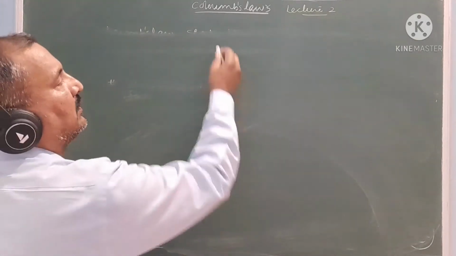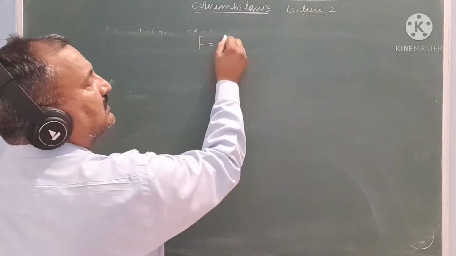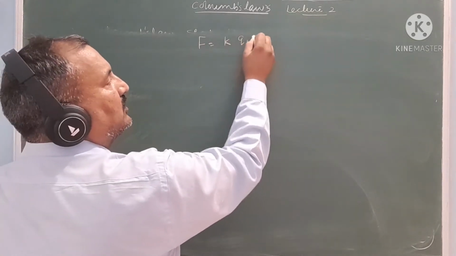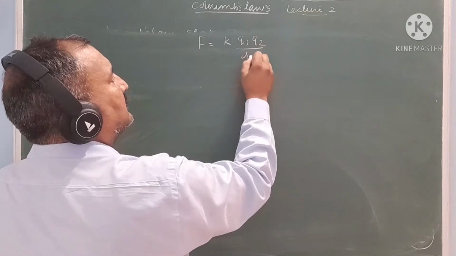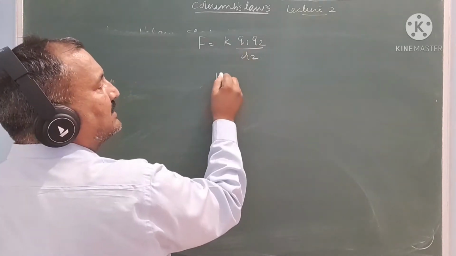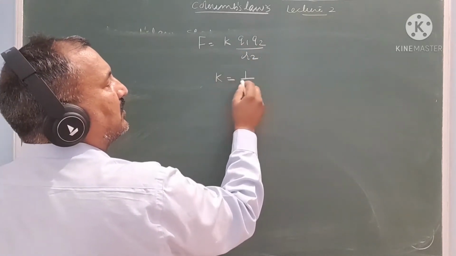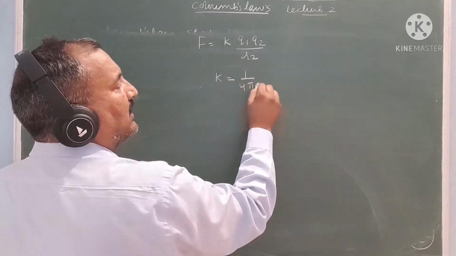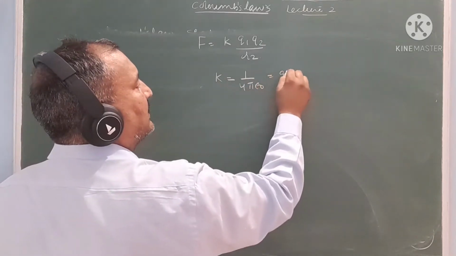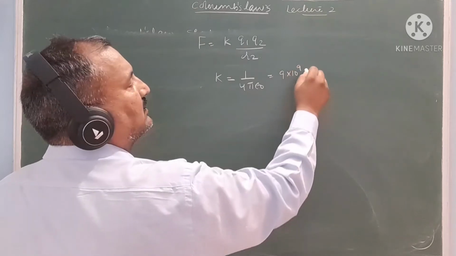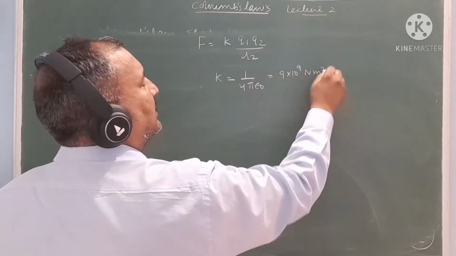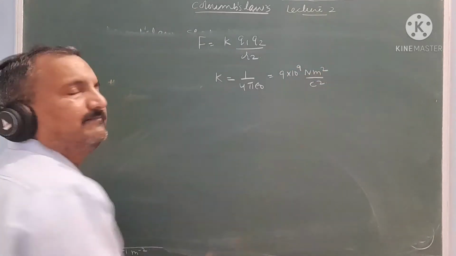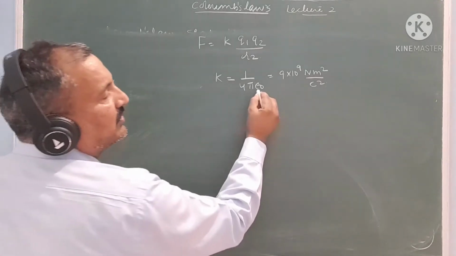So the force is equal to K Q1 Q2 upon R square, where value of K is equal to 1 upon 4 pi epsilon 0, that is 9 into 10 raised to 9 Newton meter square upon Coulomb square. Okay, what is this?